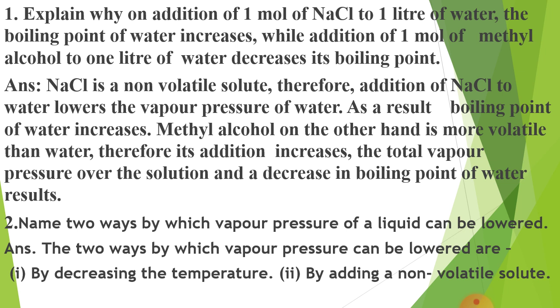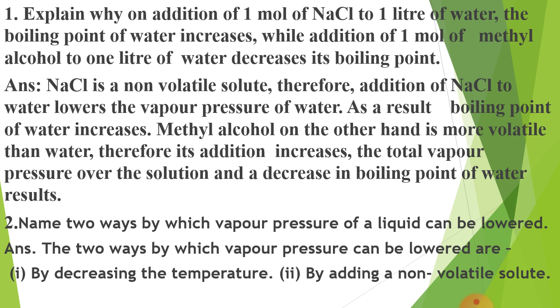That means to boil the water, now more vapor has to be generated at a high temperature. Methyl alcohol, on the other hand, is more volatile than water. Therefore, its addition increases the total vapor pressure over the solution and hence a decrease in the boiling point of water results. This type of question you have to solve like this.